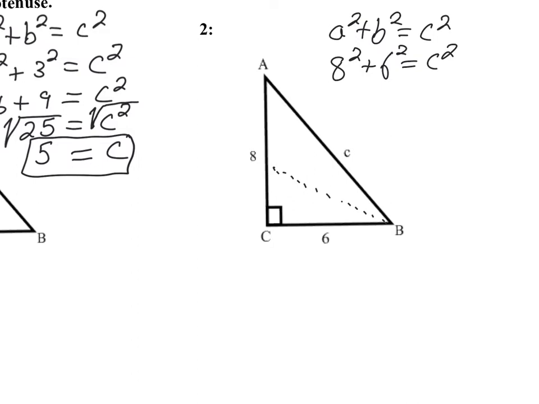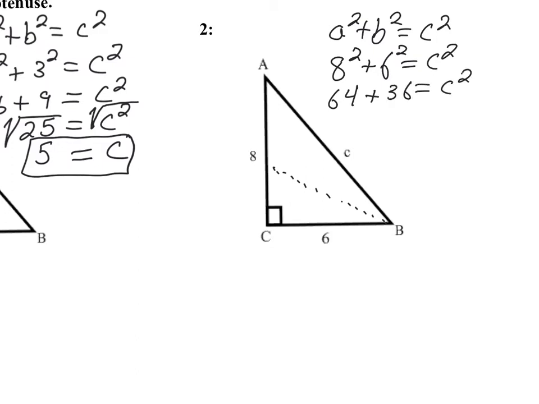There are some times where we're trying to find one of the two, a or b, and then we have to make sure that we plug in the value for c. But right now, all we're doing is trying to find c. So I take 8 squared and I get 64, and 6 squared and I get 36.